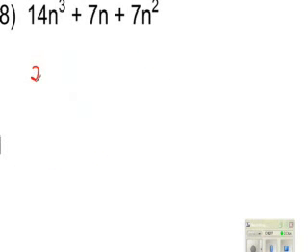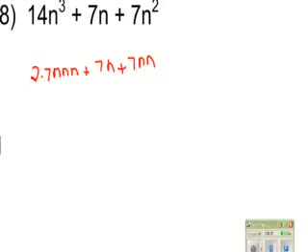Okay, number 8. Let's see, we have 2 times 7, n squared plus 7n plus 7n. Okay, so here we have a 7 and an n. Here we have a 7 and an n.